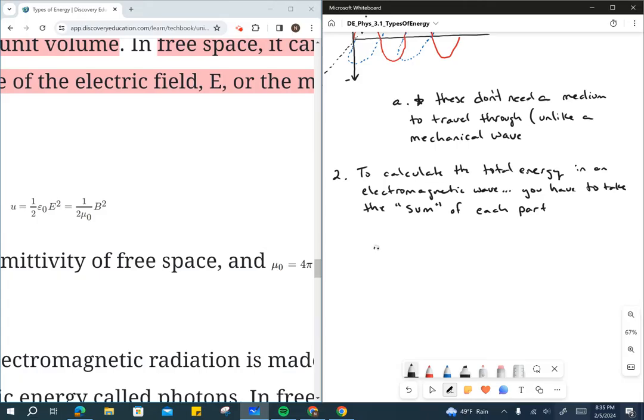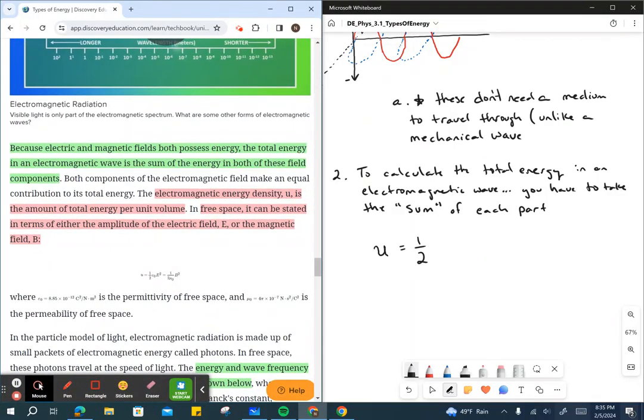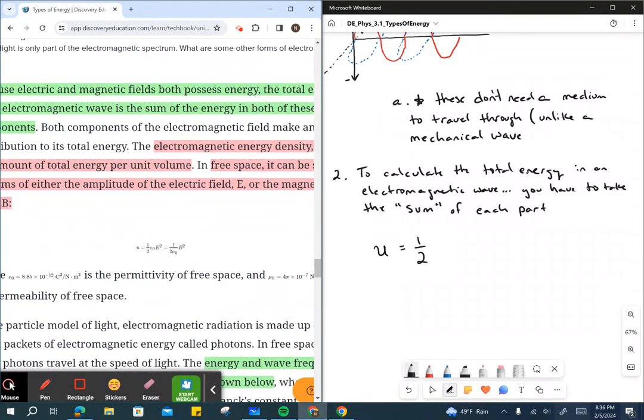U, which is the density, is equal to 1/2 epsilon naught capital E squared, which is equivalent to 1 over 2 mu 0 capital B squared. They're going to give you what that little squiggly E looks like.